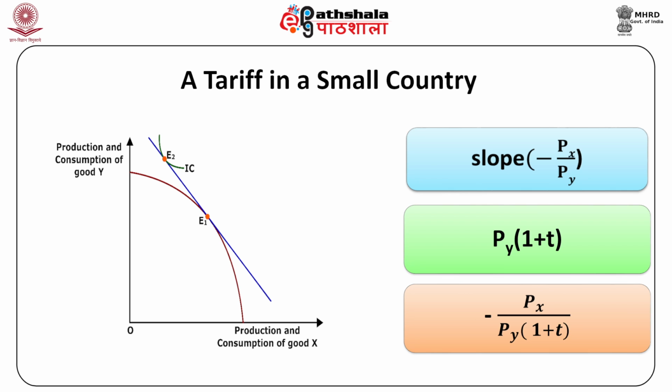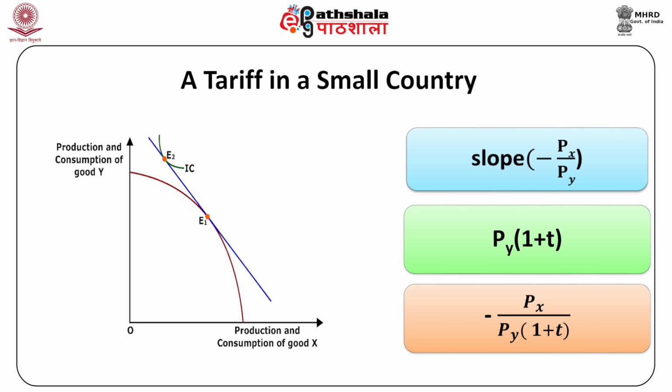Now suppose the government imposes the ad valorem tariff T. Now the price of good Y increases to Py times 1 plus T. The budget line becomes flatter, with a slope of minus Px divided by Py upon 1 plus T. The effect of the tariff is straightforward.